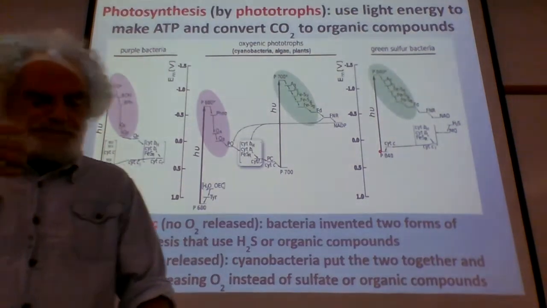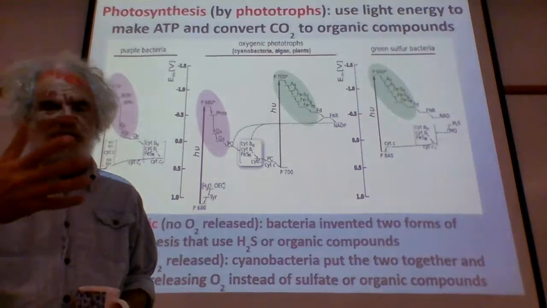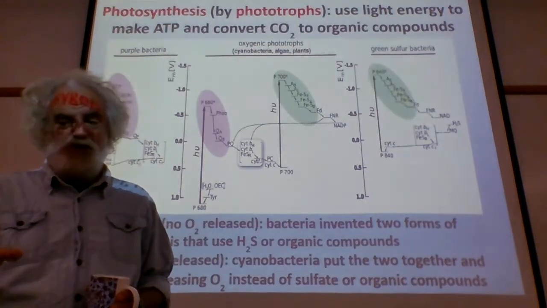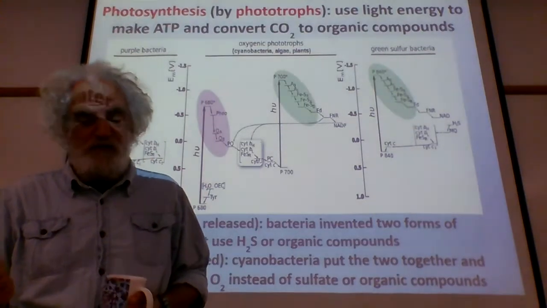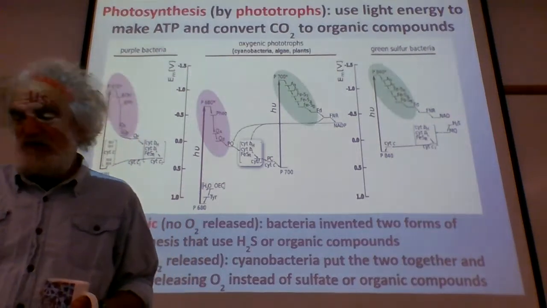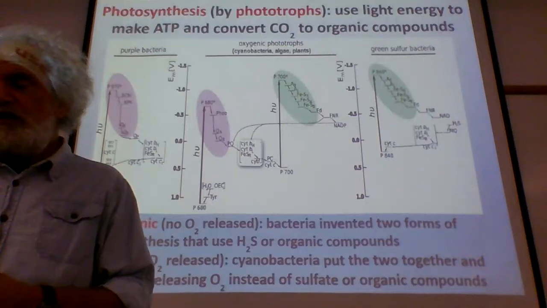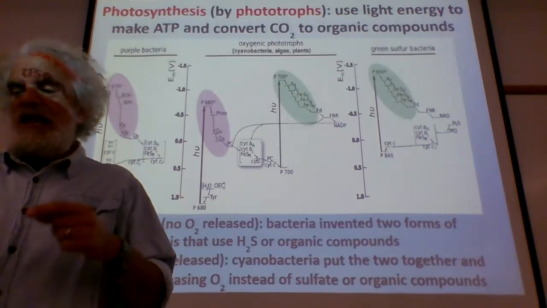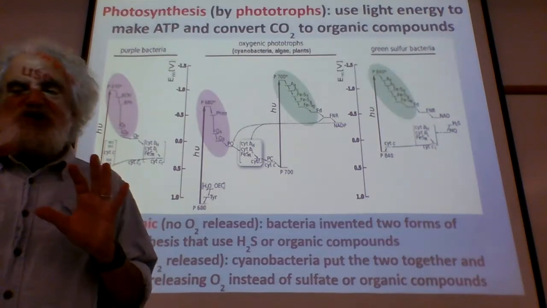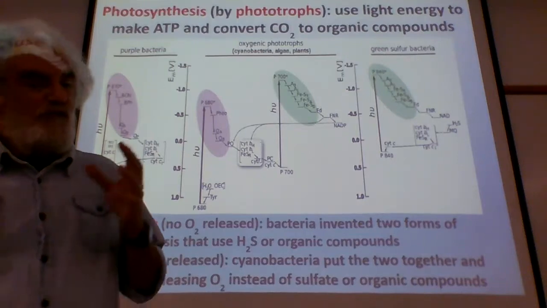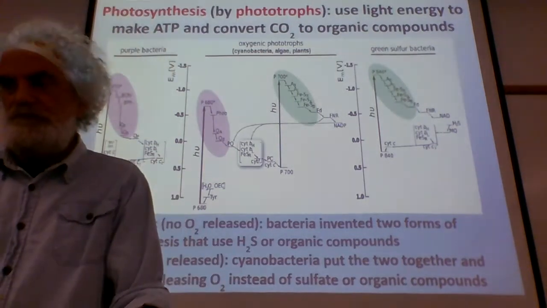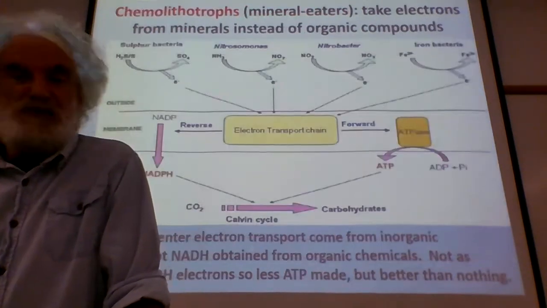In the metabolism pathways we've been talking about, the electron is coming from glucose. Here, the electron is coming from water or hydrogen sulfide or different kinds of molecules. So it is a way of generating ATP from light energy. They don't need to eat in the same way that we do, anyway.